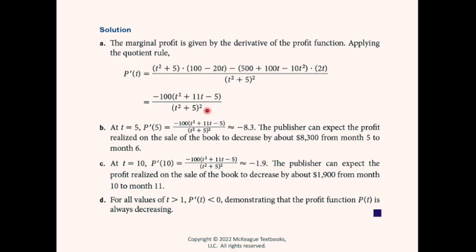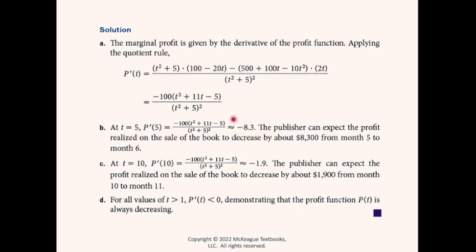Now, if we want to evaluate this at t equals 5, we're just going to plug in 5 and see what we get. So I would put 5 in here where this t squared is, 5 in here, and I would get approximately negative 8.3. Now, because this is t equal to 5, that represents 5 months after the book was released.